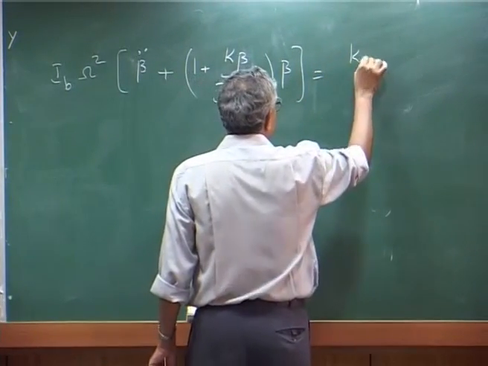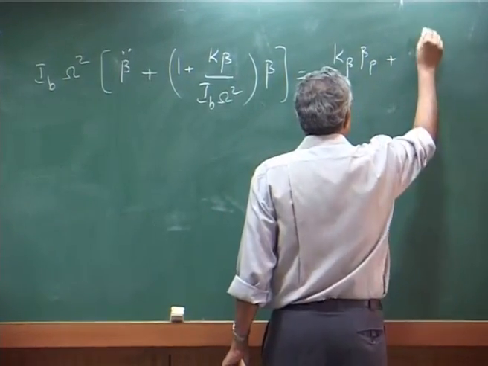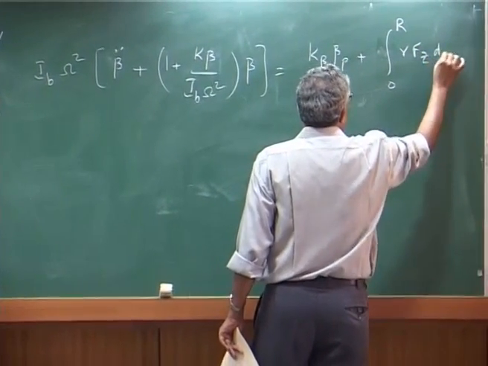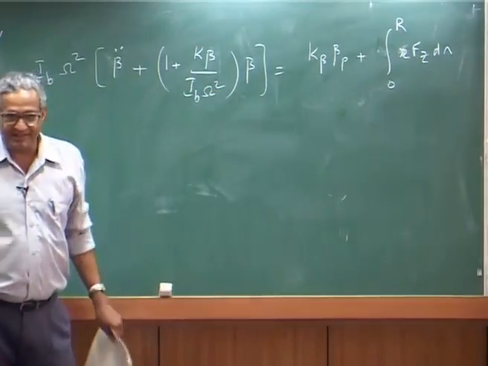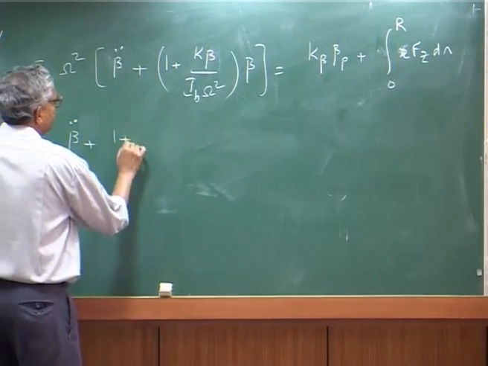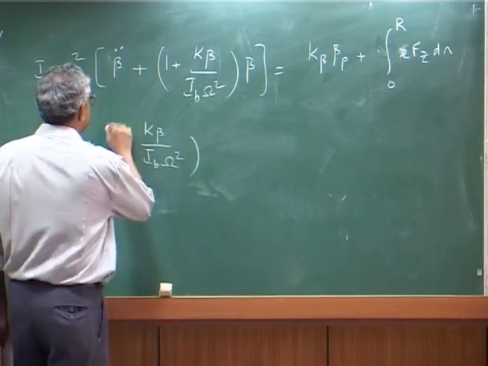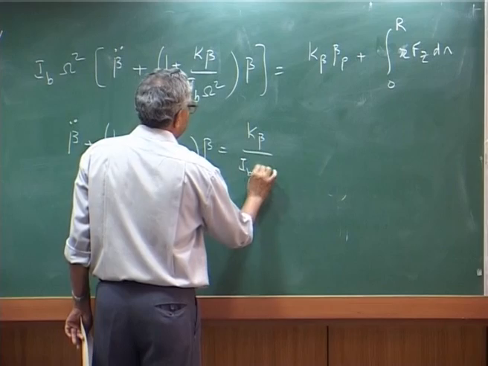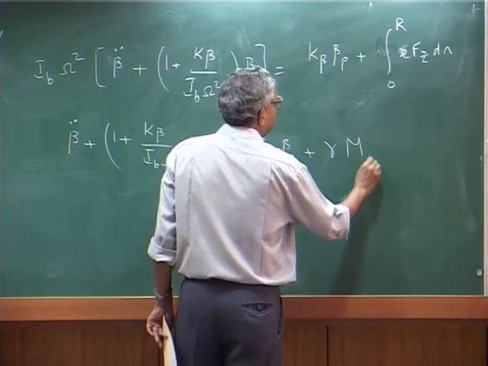Here you will have again k_beta beta_p plus your integral F_z dr. Now, I make it completely non-dimensional, then this will become beta double dot plus (1 plus k_beta over I_b omega square) beta equals plus gamma M_f.